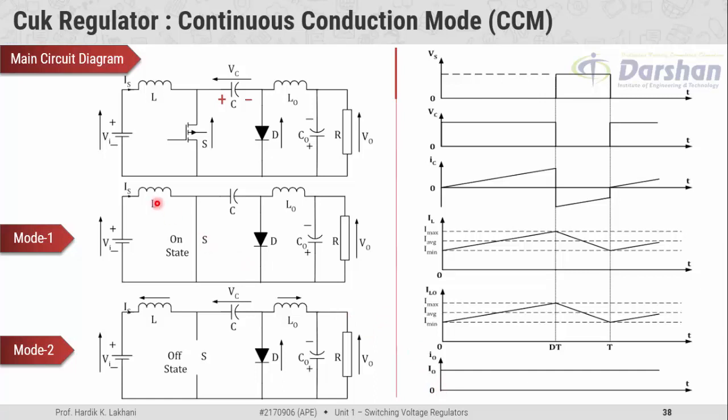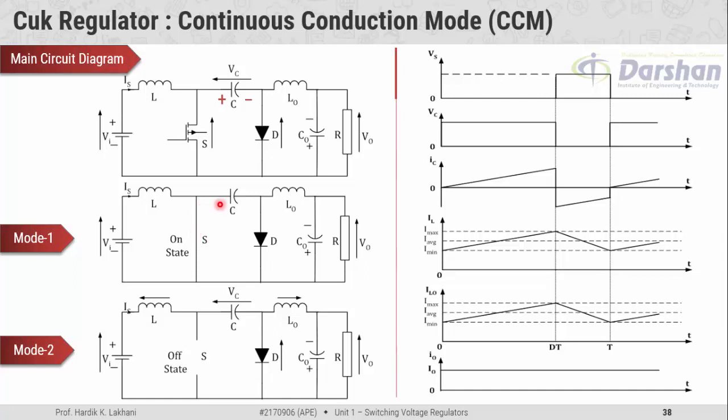So the inductor L starts storing the energy from the supply and the current starts from the positive terminal of the supply. It passes through the inductor L, it passes through the switch and this is how the closed loop path for the current is formed. Whereas on the back side, due to this capacitor has energy, this capacitor delivers its energy to the load and inductor LO through this switch.